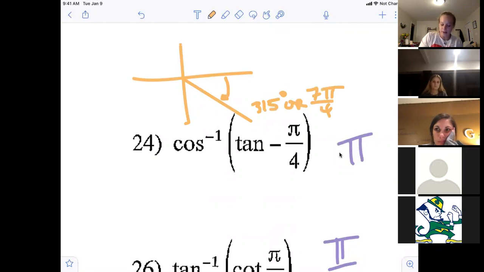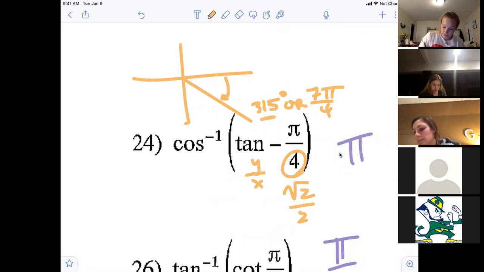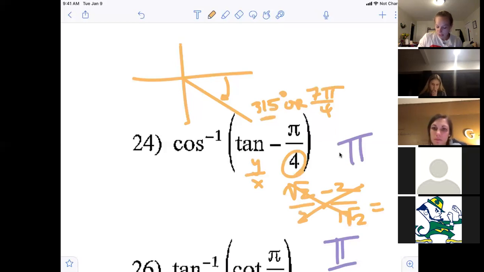Tangent is always y over x. We know it's at pi over 4, or 45 degrees, which means the x and the y are the same. So I've got root 2 over 2 divided by root 2 over 2, or times its reciprocal. It's negative y. So my 2's and root 2's cancel out. So tan of negative pi over 4 is negative 1.